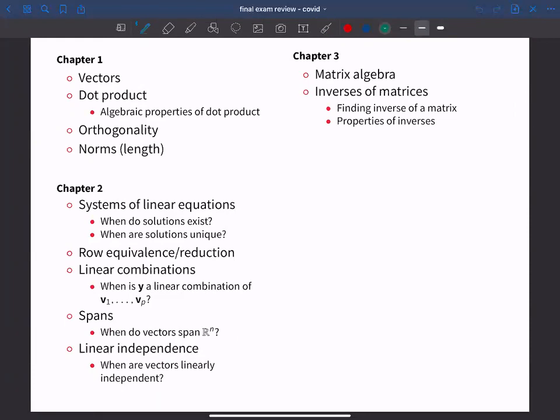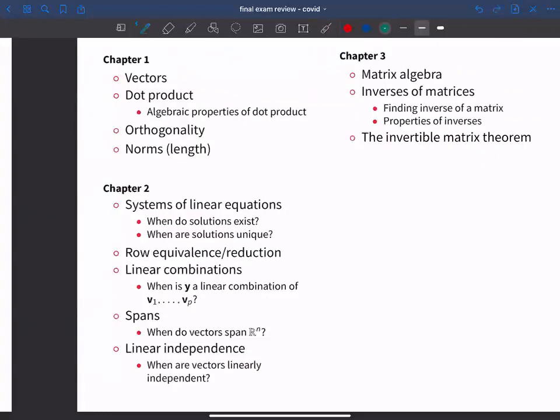For example, if you're trying to take the inverse of a product of matrices like A times B, you can simplify this a little bit, but when you bring the inverse in, you have to swap the order. That's what I mean by properties of inverses.